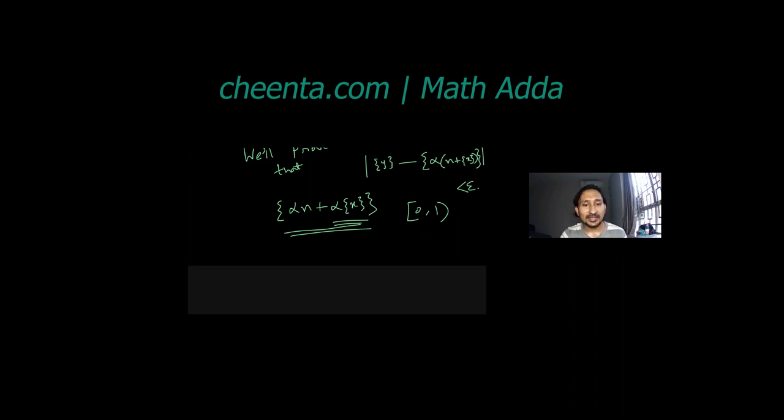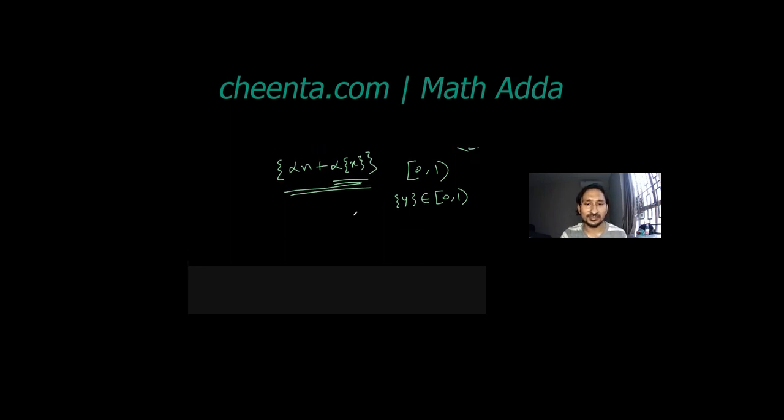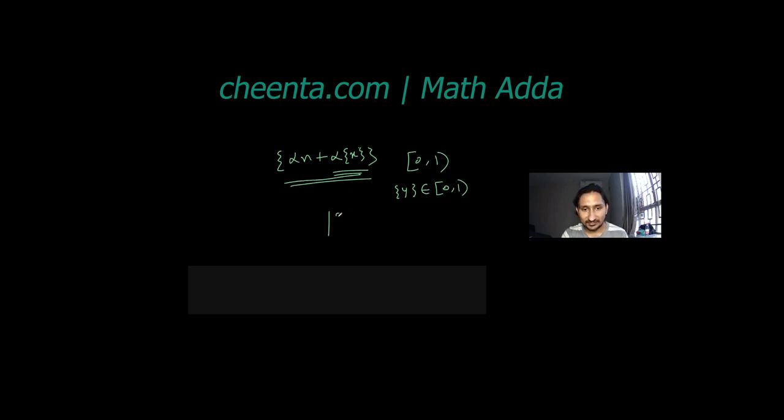In particular, given any y between 0 and 1, we have some member of this set, of this orbit, if I may use the terminology that I introduced in the previous video, such that the difference between alpha n plus alpha times the fractional part of x and y is less than epsilon. So here you have it. It's a kind of generalization of that problem.